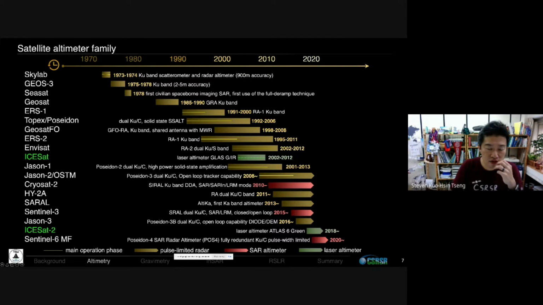Since 2002, NASA launched a laser altimeter called ICESat. It used green and near-infrared band lasers to measure. It basically tries to measure the ice and glacier surface height, but it also plays very well over the open ocean, so it also offers an ocean product about sea level.